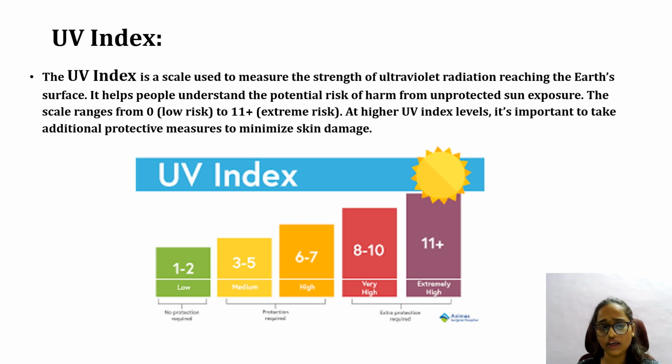At higher UV index levels, it's important to take additional protective measures to minimize skin damage. We can observe here that 1 to 2 UV index is low, 3 to 5 is medium, 6 to 7 is high, 8 to 10 is very high, and 11 plus is extremely high. It can cause skin damage.